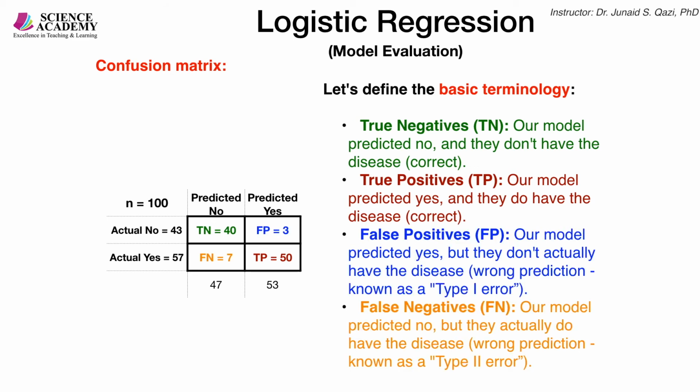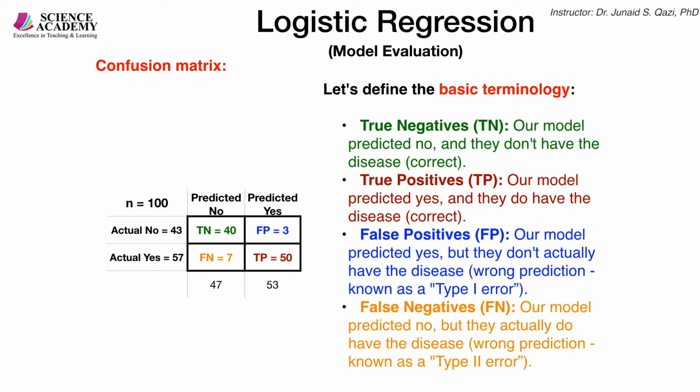Let's now consider the cases for which the predictions from our model are not correct. In blue, we have the false positives. These are the cases for which our model is predicting yes, where they are actually no. These wrong predictions, where our model is predicting yes for actual no's, are type 1 error.